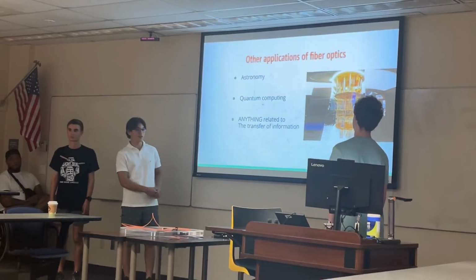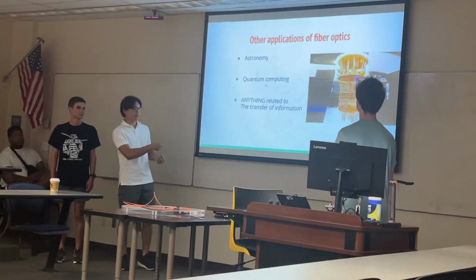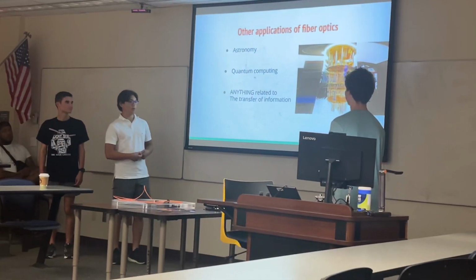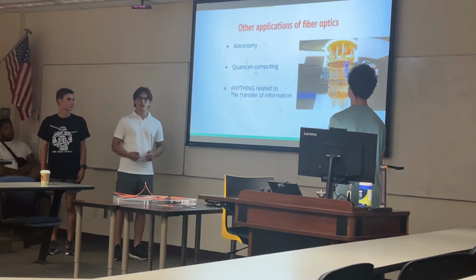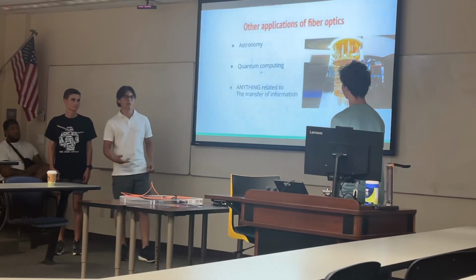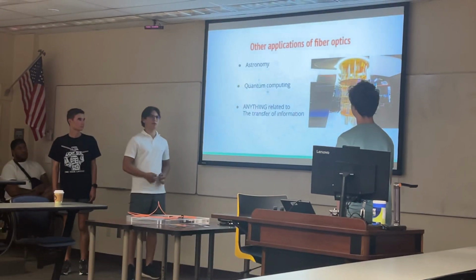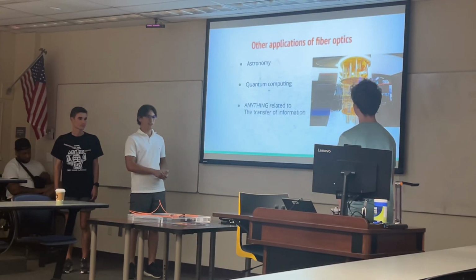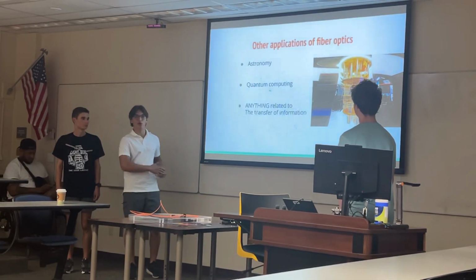The way researchers have been thinking of doing that is getting the individual photons, the actual particles of light, and entangling them. Quantum entanglement is a part of quantum mechanics. When two quantum particles are entangled, observing the state of one can change the state of the other, and that happens over long distances.